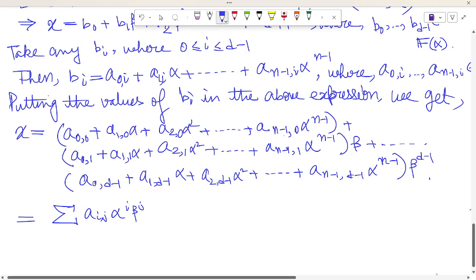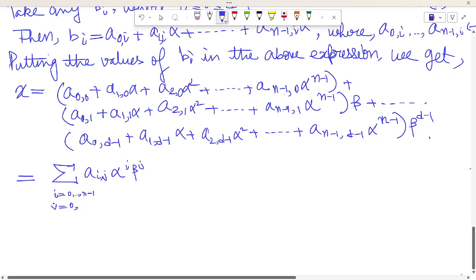So i will vary from 0 to n minus 1, and j will vary from 0 to, I think, d minus 1. Fine. So that is the general element of the form, that is the general form of an element of this thing.